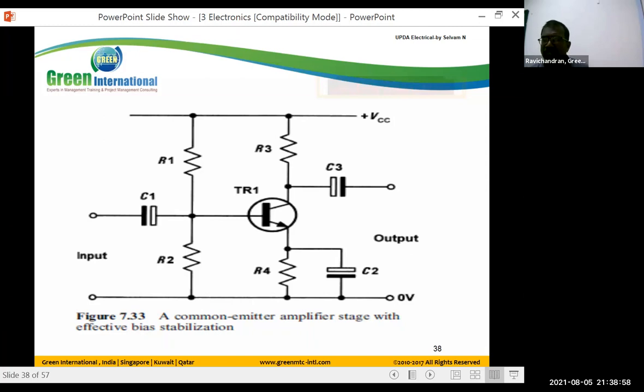In general, mostly we use capacitors to bypass the unwanted signals, here we say the ripple frequencies. Ripple means unwanted signal. It also increases the gain. Here is the input, and this is the output. From the exam point of view, we must remember the bypass capacitor.